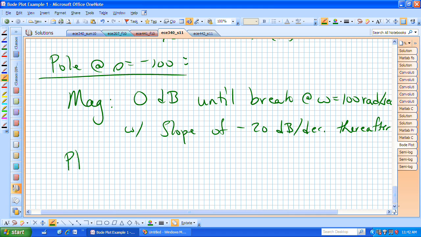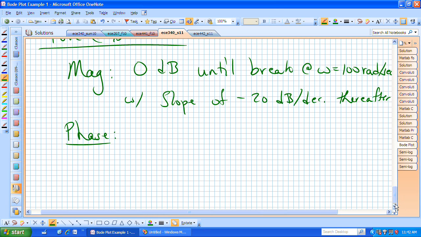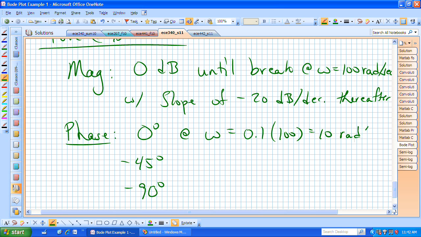Our phase, a single factor or a single linear factor, is going to just give us 90 degrees, and since it's downstairs, it's only going to give us a negative 90 degrees. It's going to start contributing phase a decade before the break frequency, or actually at 10 radians per second.